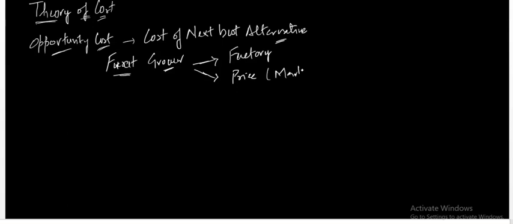Now, these types of costs are not actually recorded in the books of accounts, but they do have implications when we talk about the analysis of the cost for a firm. Not recorded in the books of accounts.